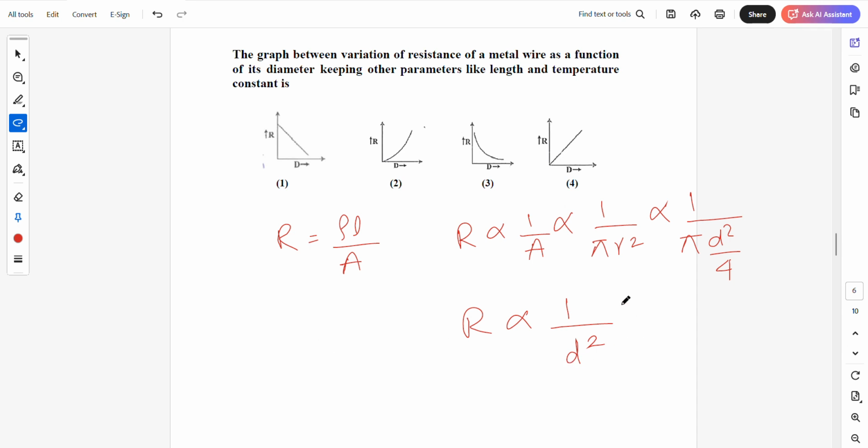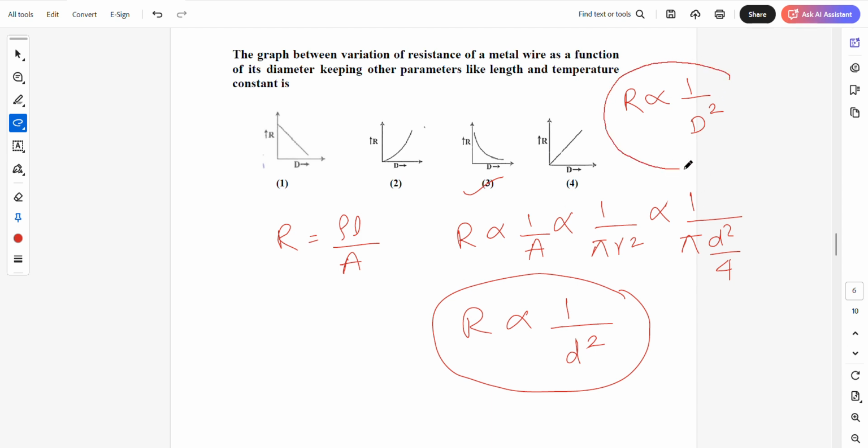Since R is inversely proportional to D square, it gives a rectangular hyperbola. Look here, this is the right answer. Understood? Therefore it gives a rectangular hyperbola. The graph of variation of resistance of a metal wire as a function of diameter is a rectangular hyperbola.